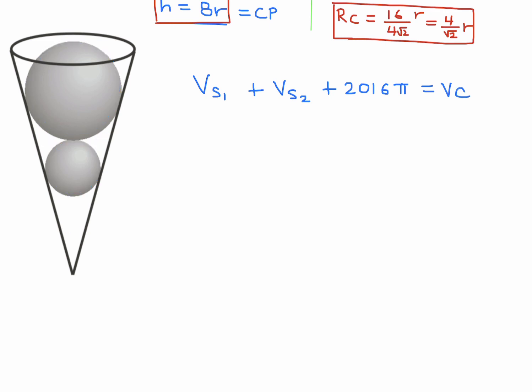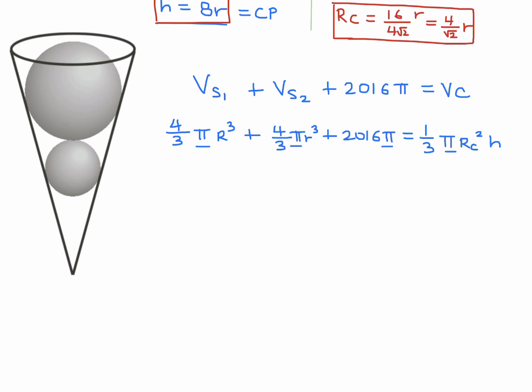Now, they are very helpful by giving us some formulas. The first volume is 4/3 pi r cubed plus 4/3 pi small r cubed, and then just 2016 pi. And then the volume of a cone is 1/3 pi radius of the cone squared times the height. Okay, the first thing we can do is eliminate all the pi's, so all these pi's can go.